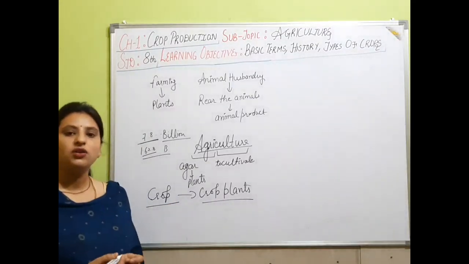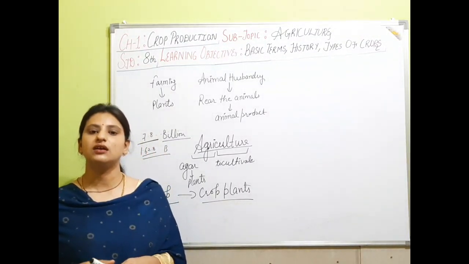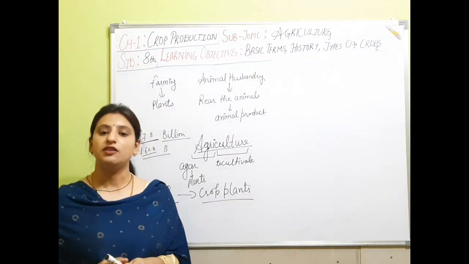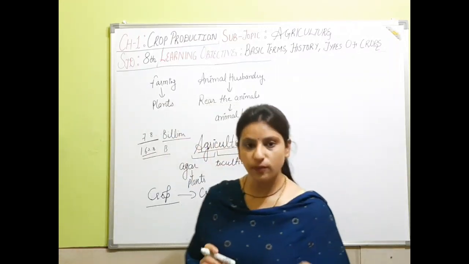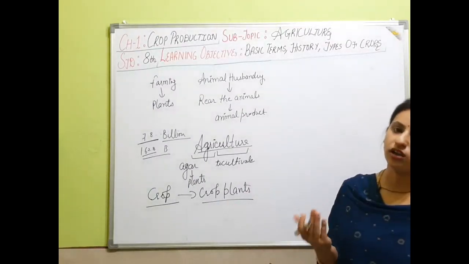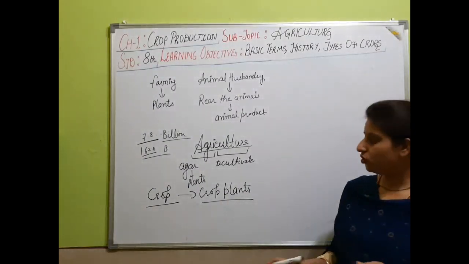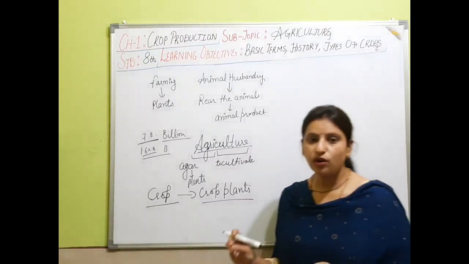Now we will move towards the main thing, how these crops can be divided into two categories. We have agriculture as crop and crop plants, that is the first, and second is horticulture. In crop and crop plants there are a number of subdivisions.